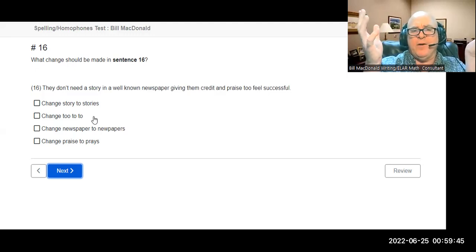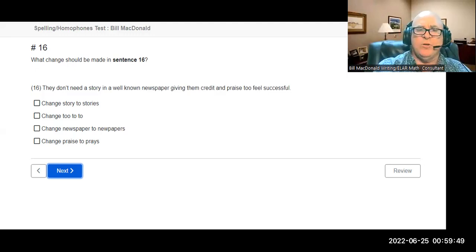Whenever you're only talking about 2 things, credit and praise, you can teach your kids, again, this is a TMI, have them make a little stick man with a little circle, and there's only 2 things being talked about.